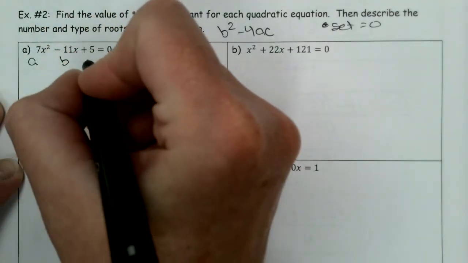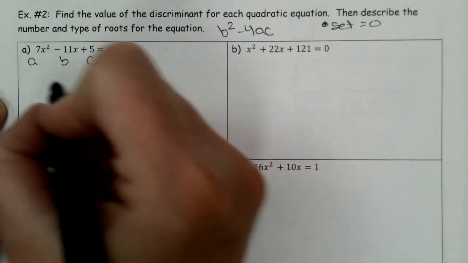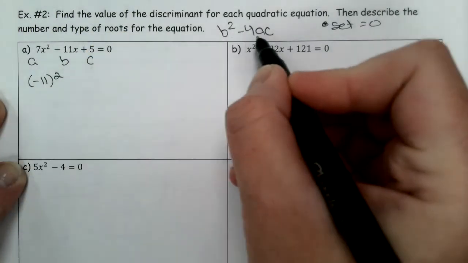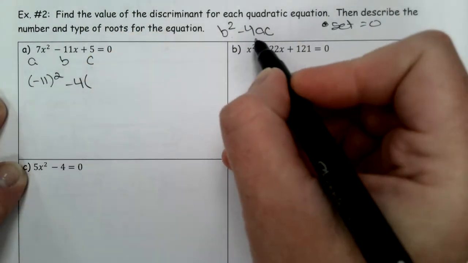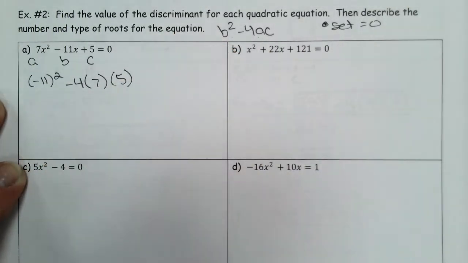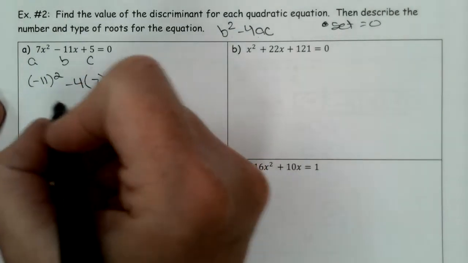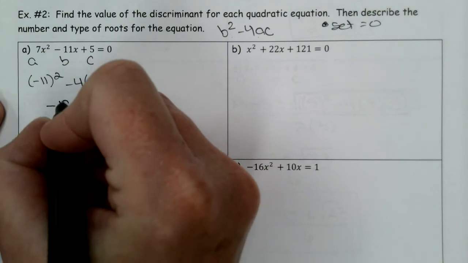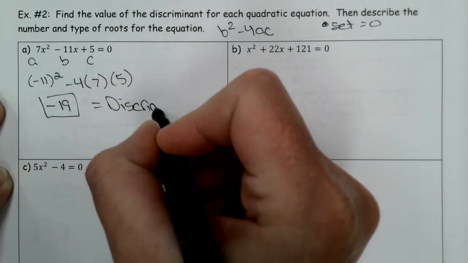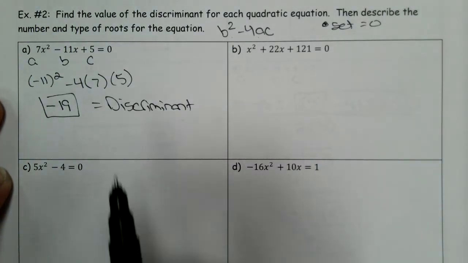So there's my A, there's my B, there's my C. To find the discriminant, I'm going to plug -11 in for B, squared, minus 4 times A, which is 7, times C, which is 5. And I got -19. So -19 is the discriminant.